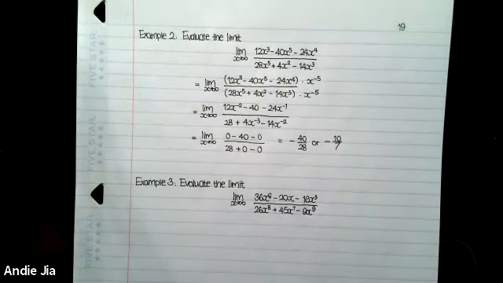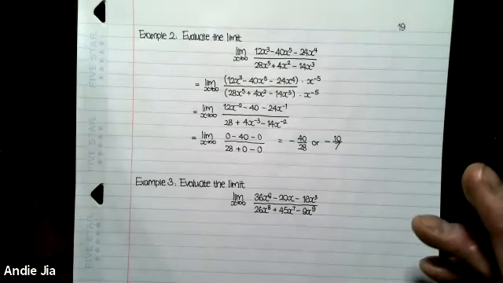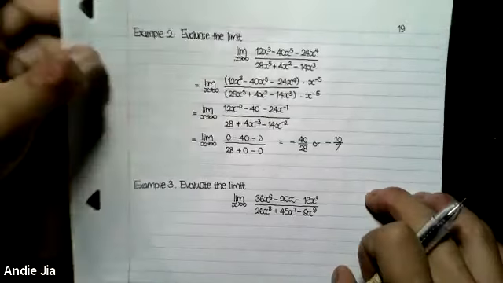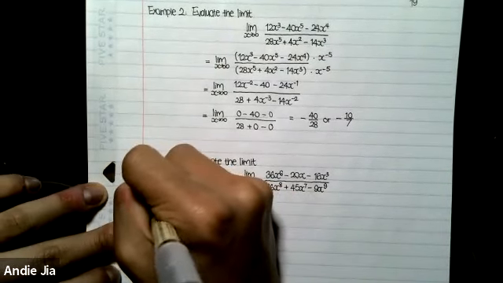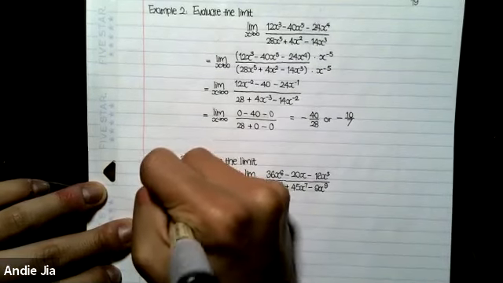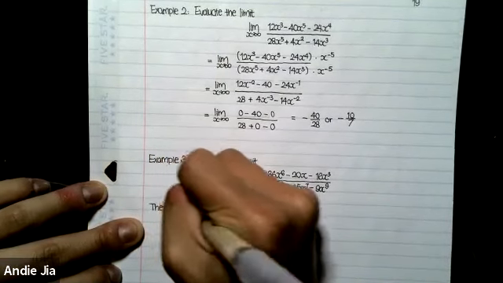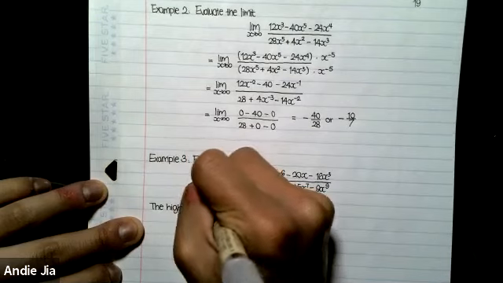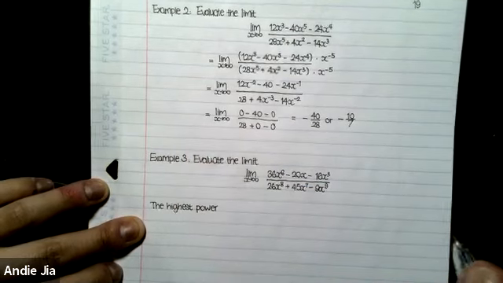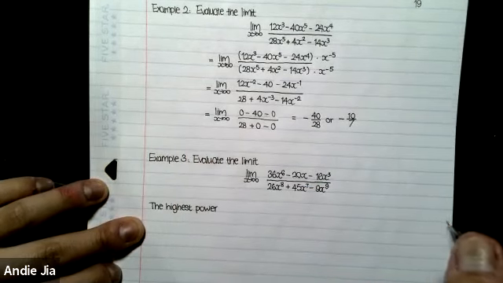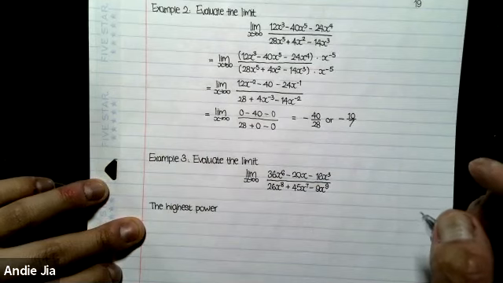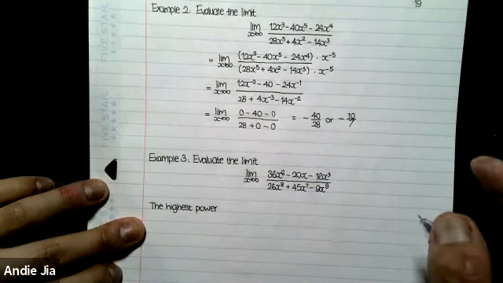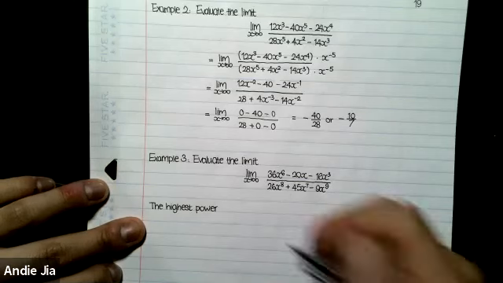What is your observation? The highest power is 9, right? 9 is the highest power. And it's in the denominator, and we cannot have a denominator that is undefined, because the denominator cannot be a 0.